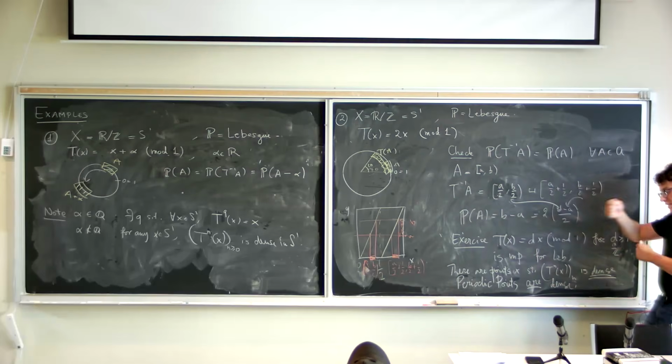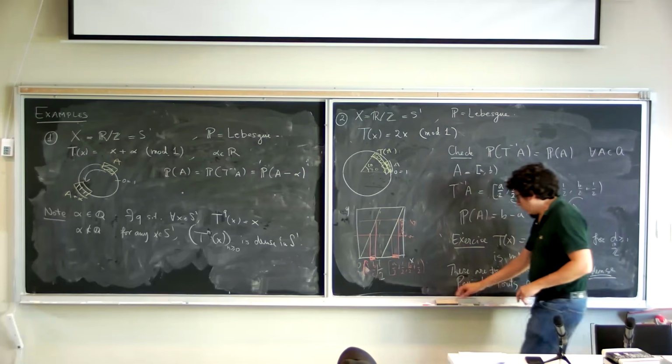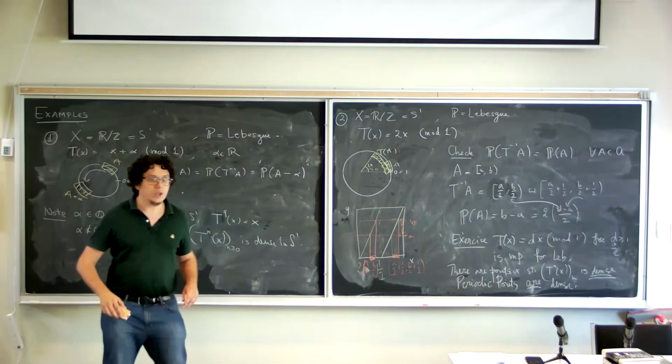So there are orbits that are dense, but they can be approximated by periodic orbits. And so this is very nice. Okay, then questions?